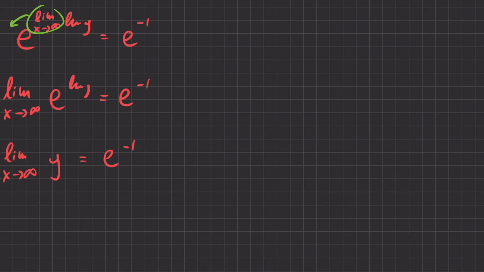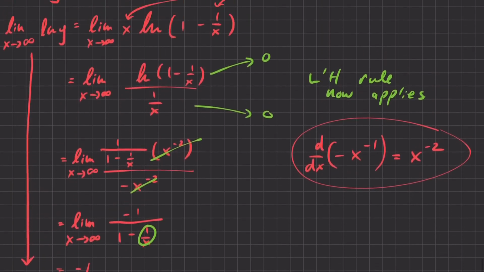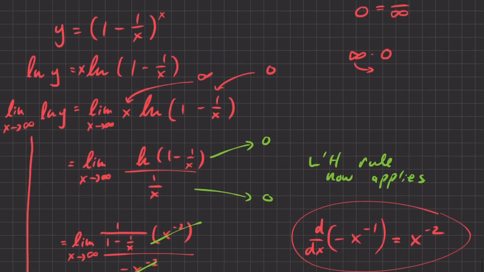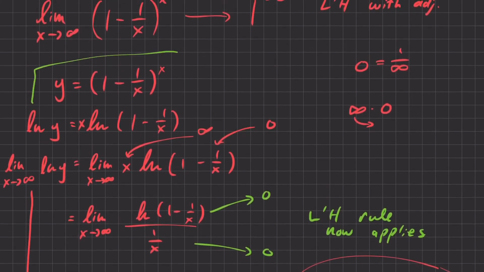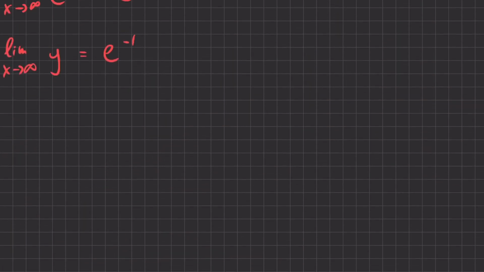And remember what y was. y was just a placeholder for our original expression. Remember, y is equal to 1 minus 1 over x to the x. So we get exactly what we were looking for. The limit as x approaches infinity of 1 minus 1 over x to the x is equal to e to the negative 1.